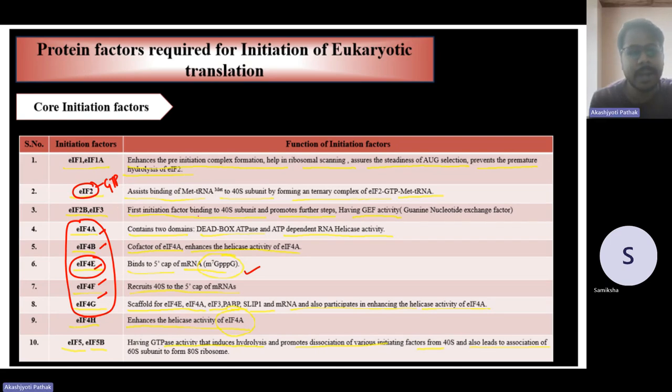The first initiation factor binding to the 40S subunit and promoting further steps. Having GEF activity, this is the guanine nucleotide exchange factor, actually EIF2B.